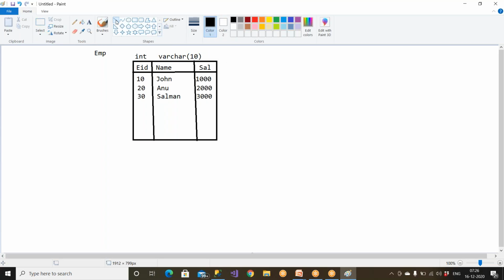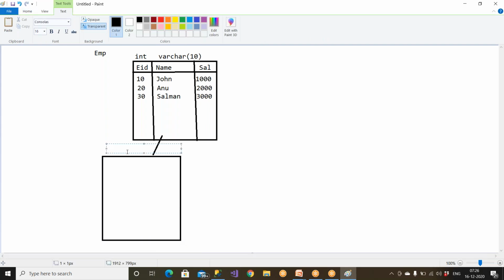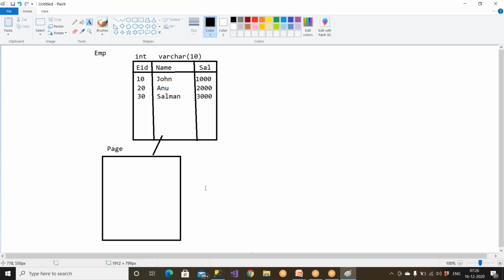So if you store this data, what happens? All this data will get stored in a page. Do you remember? I told you yesterday. When you store data in the table, all this data is going to go to your page. I told you a lot of examples yesterday. You take pizza, the pizza as it is will not be there.